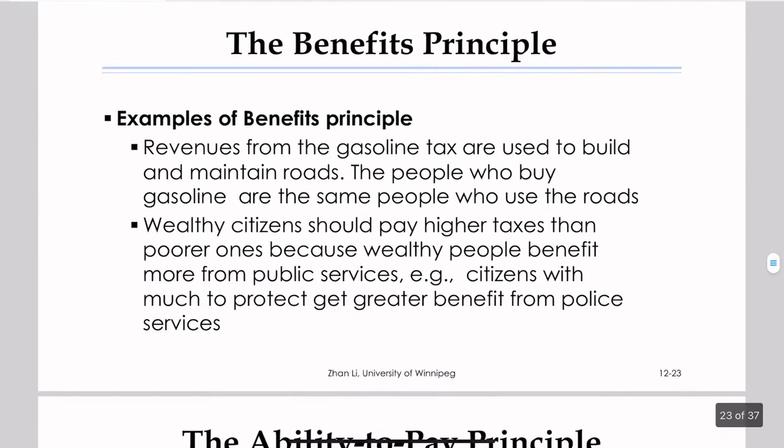So what are the examples of the benefits principle? The first is the gas tax, right? If you don't drive a car, then you don't need to pay gas tax. But if you drive a car, then you will actually use roads.